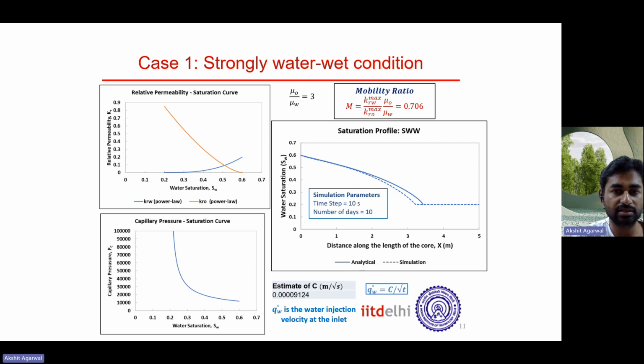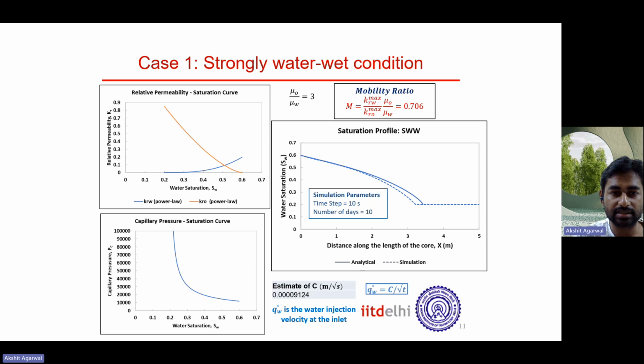We match our simulation results with the semi-analytical solution and we can see that there is a good match from the initial condition, but there is some deviation near the front. This can be due to a fast movement in the strongly water wet case, which the numerical solution is not able to capture.